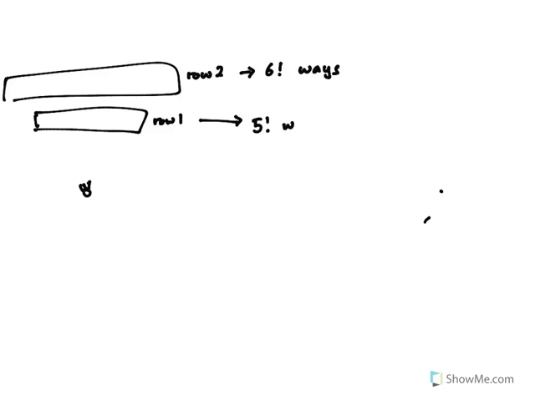So what's the total answer for part 1? It will just be 6 factorial multiplied by 5 factorial ways, which gives 86400 ways, because I just arranged the boys and the girls separately without any difficulty.